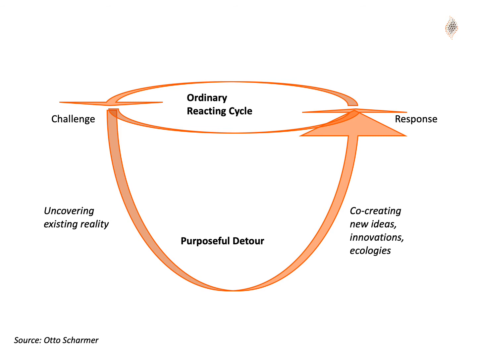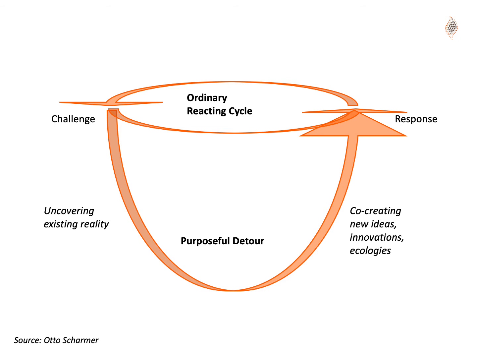This is a diagram that was created by Otto Scharmer and colleagues, and is often called the U process. And it is based on the foundation that typically, this is now applying, conventional thinking, when we see a challenge or a problem, we try to solve it as quickly as possible.